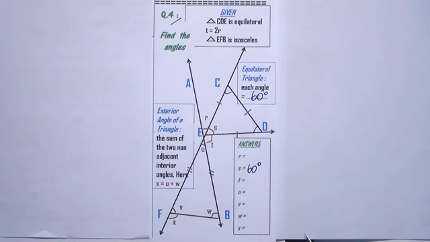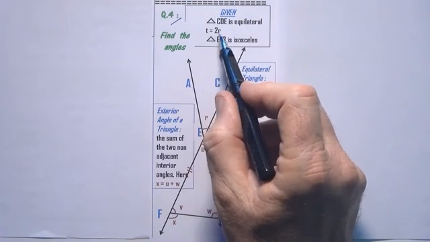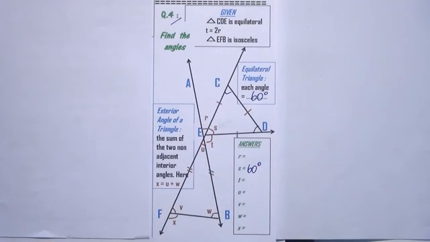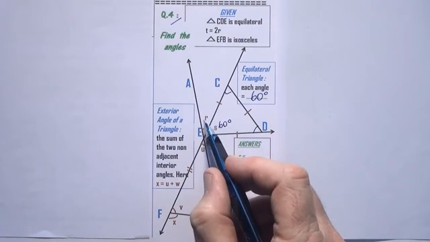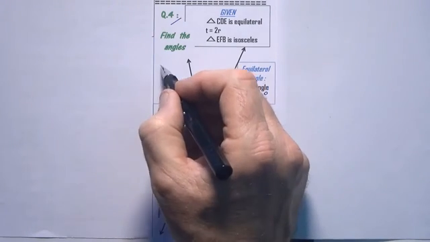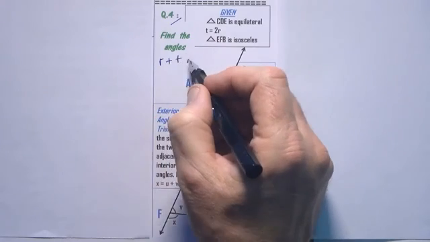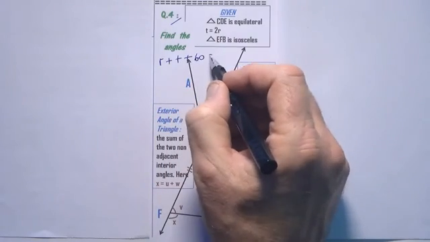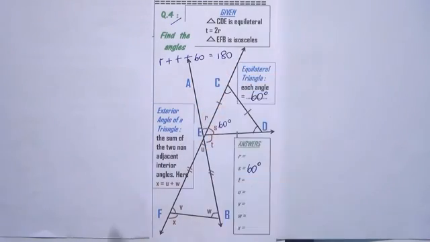I'm also told that T equals 2R, because they're angles on a straight line, R, S and T. So I could say that R plus T plus 60 equals 180.